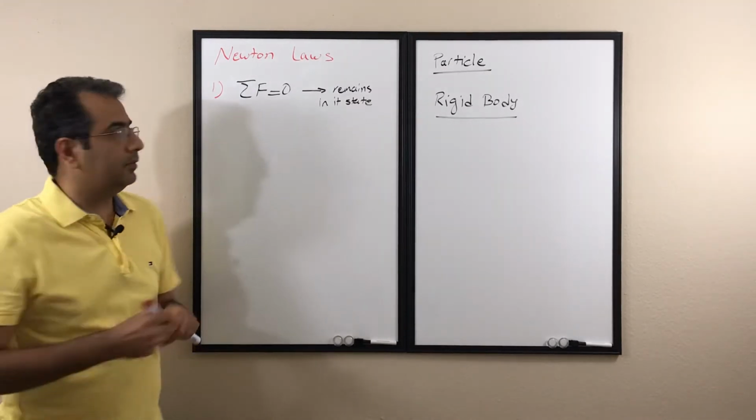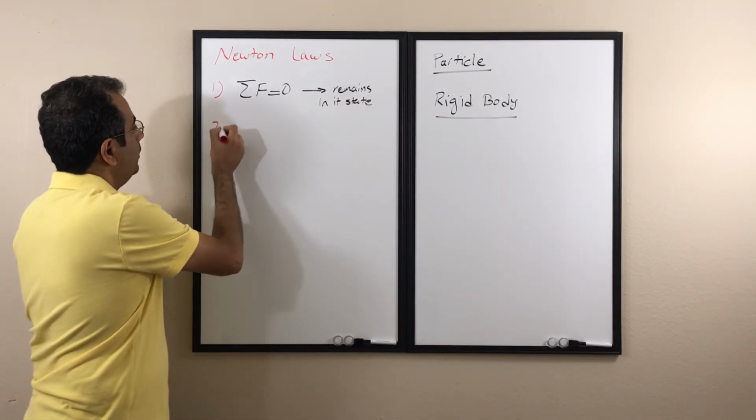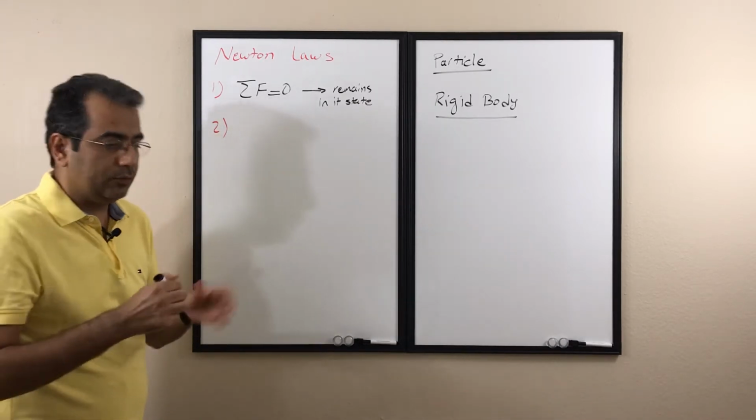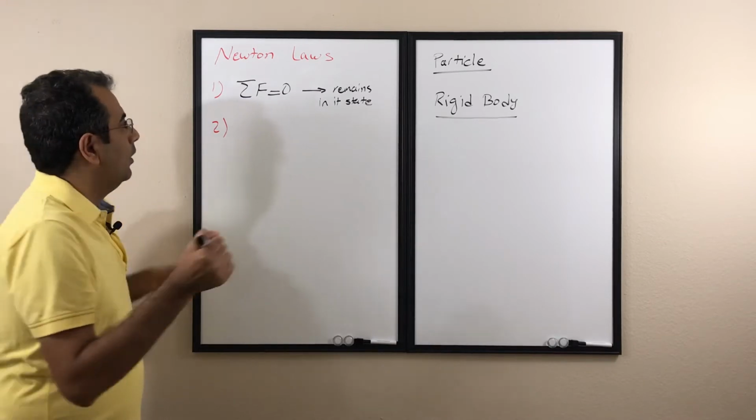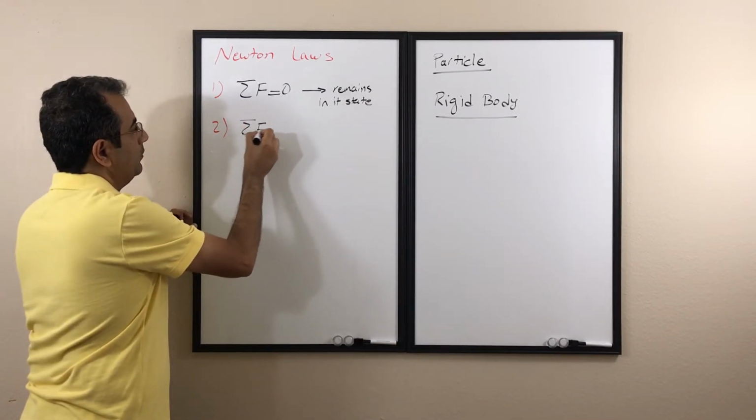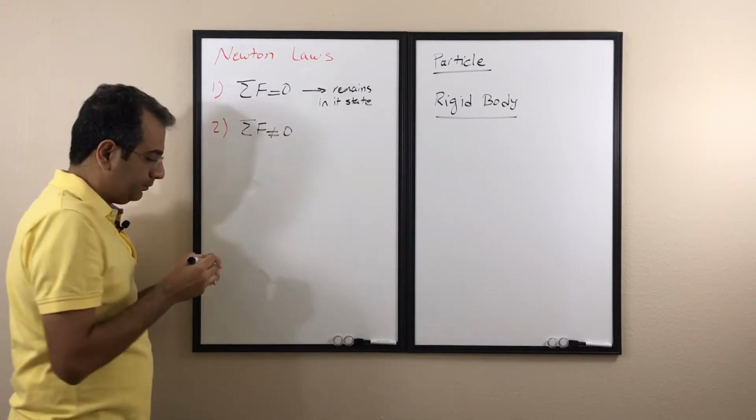The second law of Newton says that if the forces don't balance each other, if all the forces applied on the object do not cancel each other, it means sigma F is not zero.